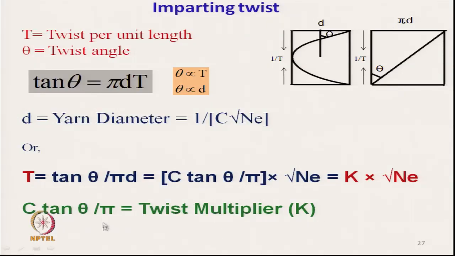What does it mean? What does Tm mean? That means the fiber angle, the twist angle, is gradually reducing.